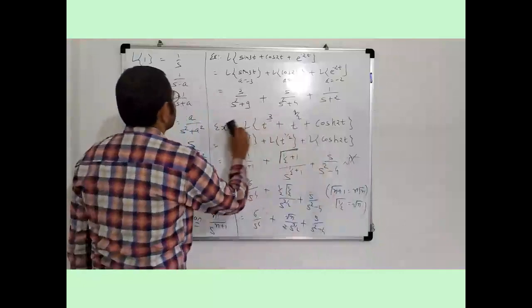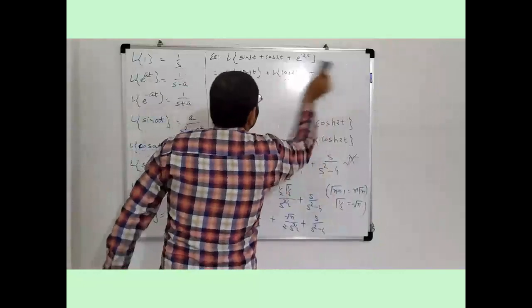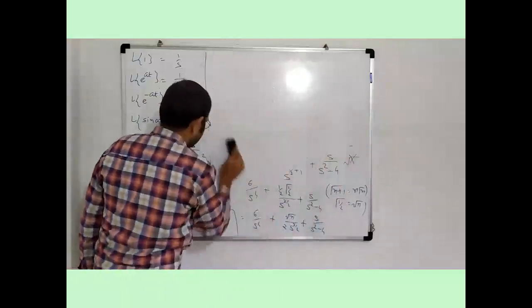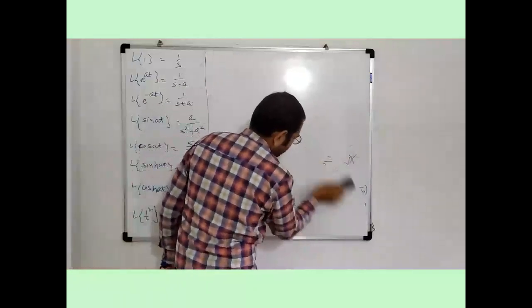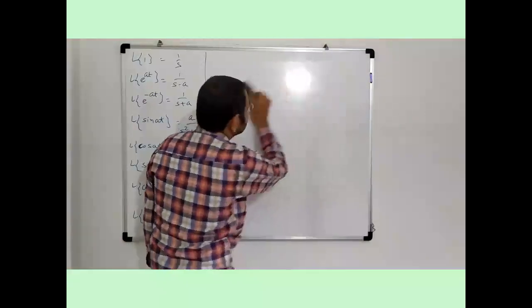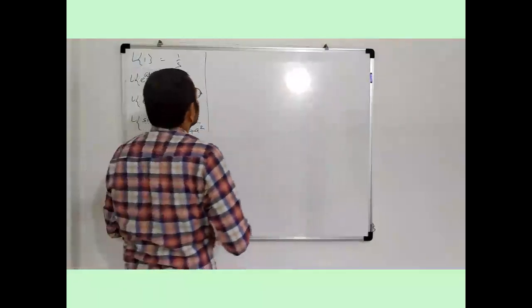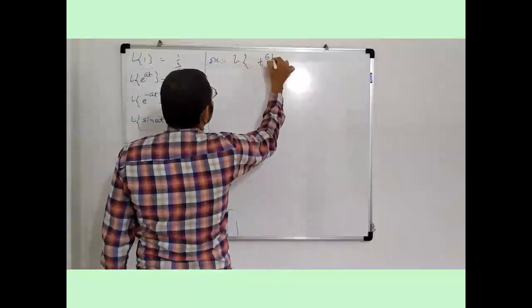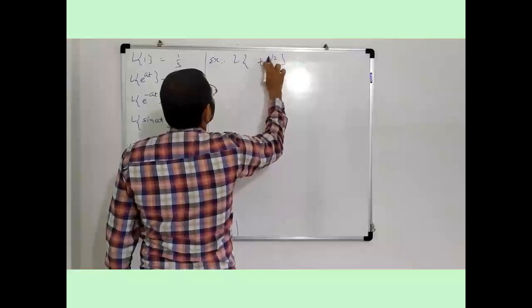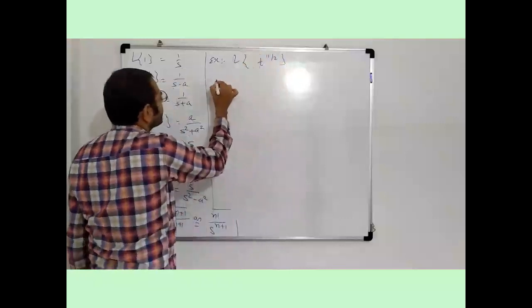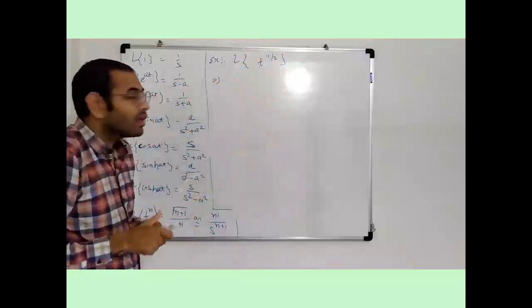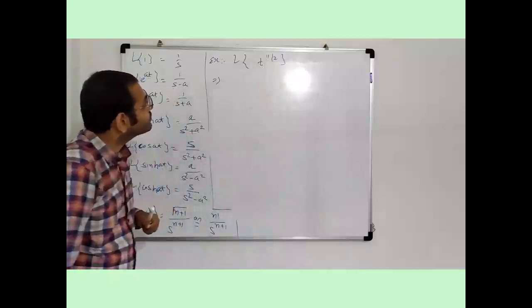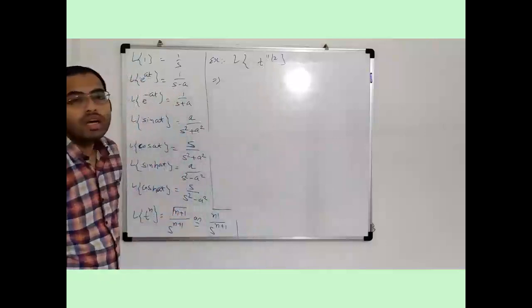Next example: find the Laplace of t raised to 11/2. Here t is raised to a fractional power, so we use the gamma formula.